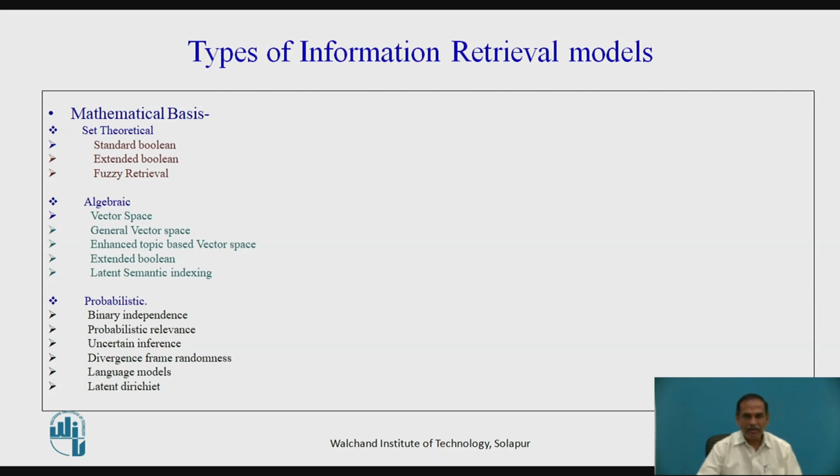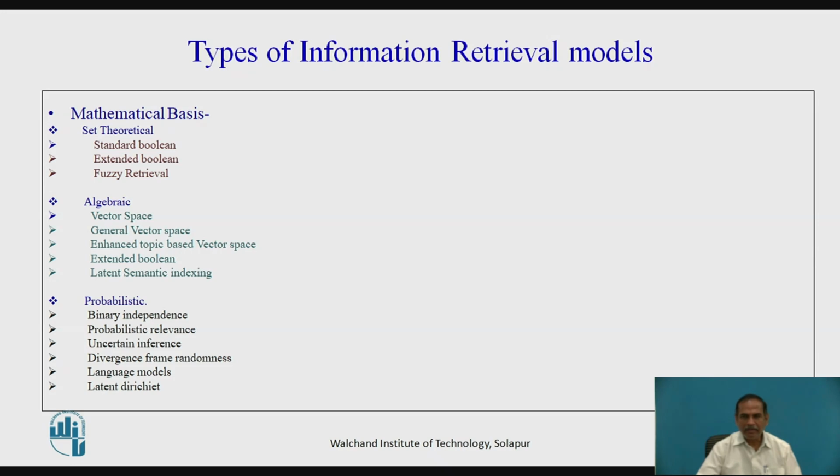The first one is based on the mathematical basis, which is set theoretical, including standard Boolean, extended Boolean and fuzzy retrieval. The second is the algebraic systems, which are vector space, general vector space, enhanced topic based vector space, extended Boolean and latent semantic indexing.